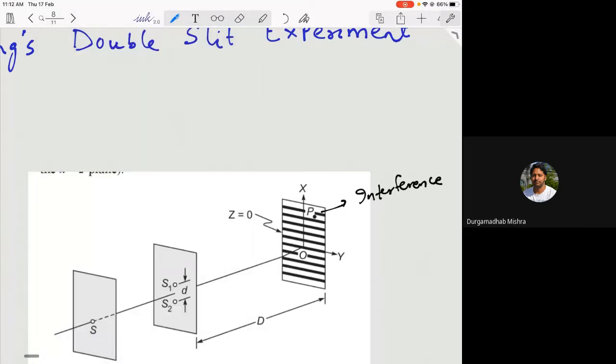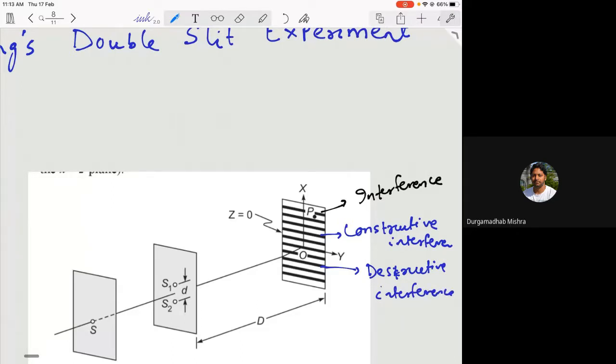So where you have the bright fringes, you have a constructive interference, and if you have a dark fringe, this is a destructive interference.